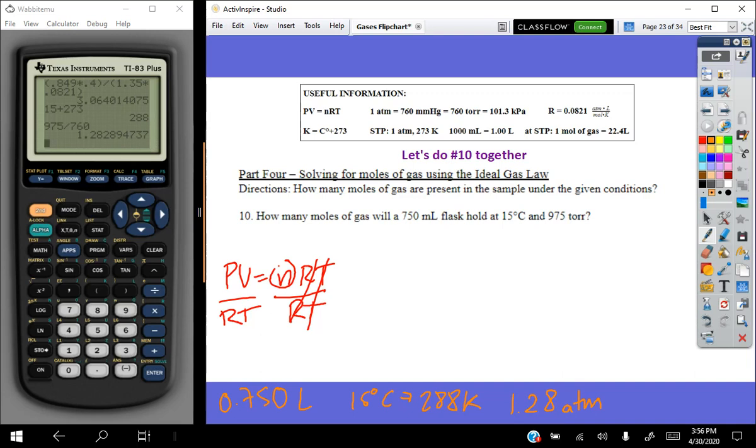Okay? And we want to know how many moles of gas we've got. So 1.28 atmospheres times 0.750 liters divided by our temperature times our gas constant.